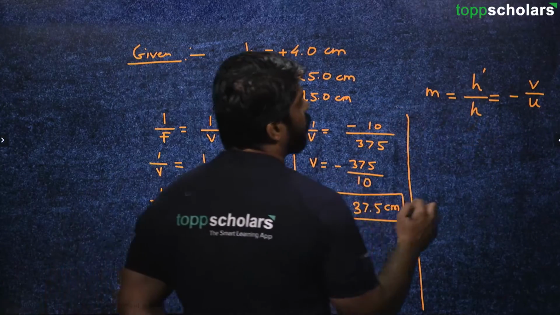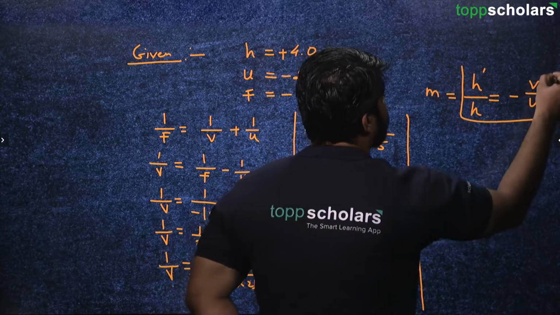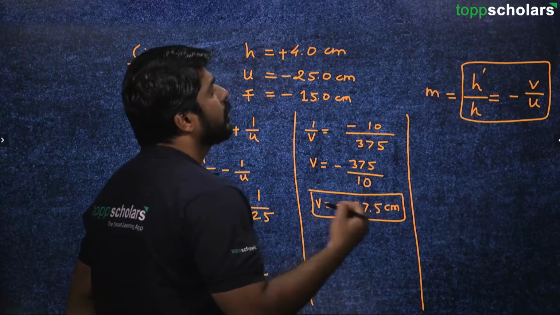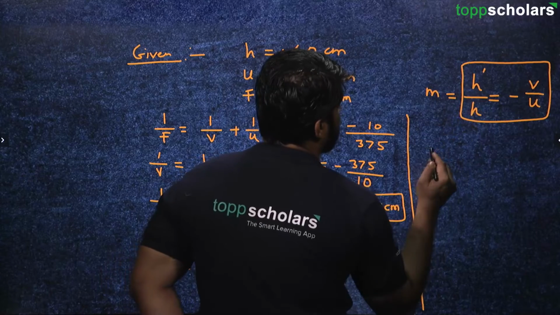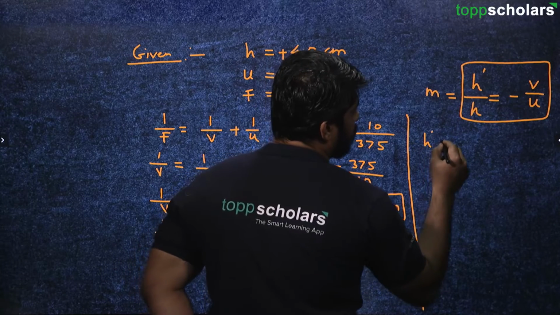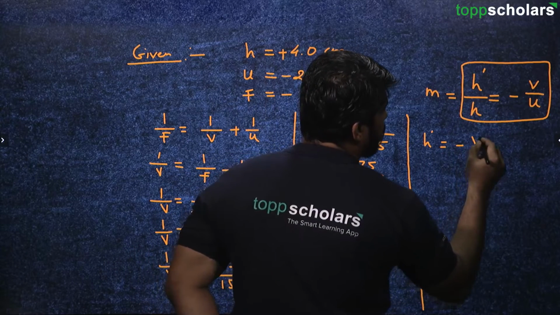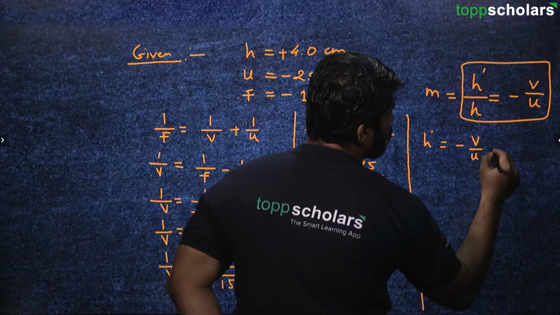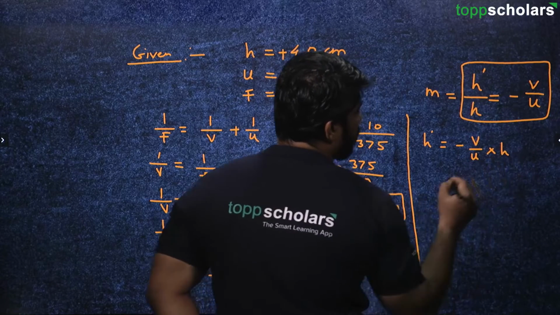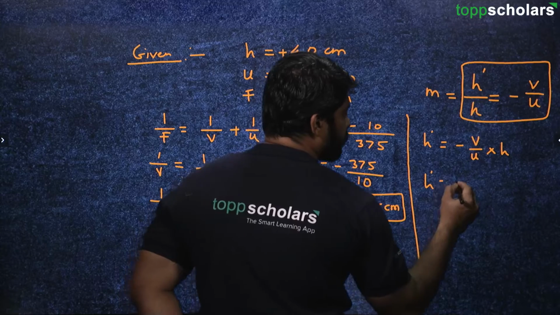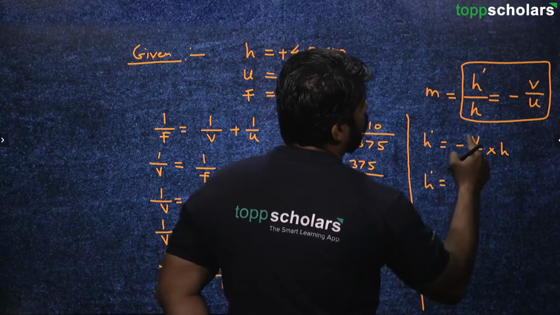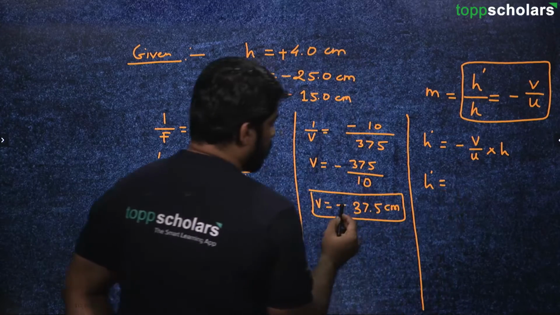So using this formula we can find out the size of the image. So h dash would be equal to minus v upon u into h. So let's put the numbers. Over here, what is v? v is the image distance.